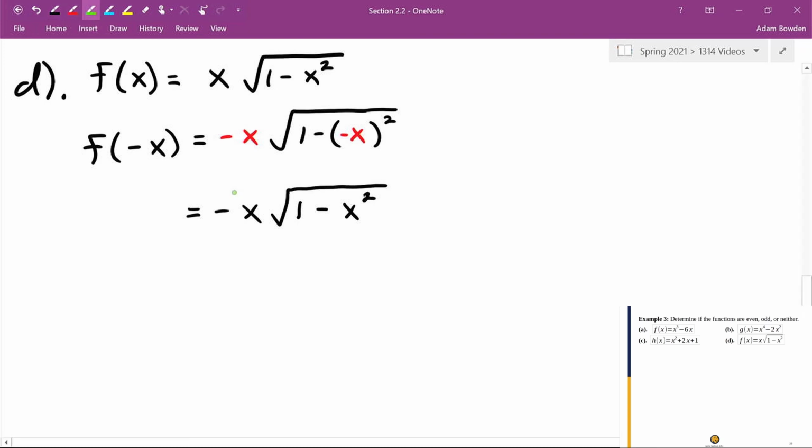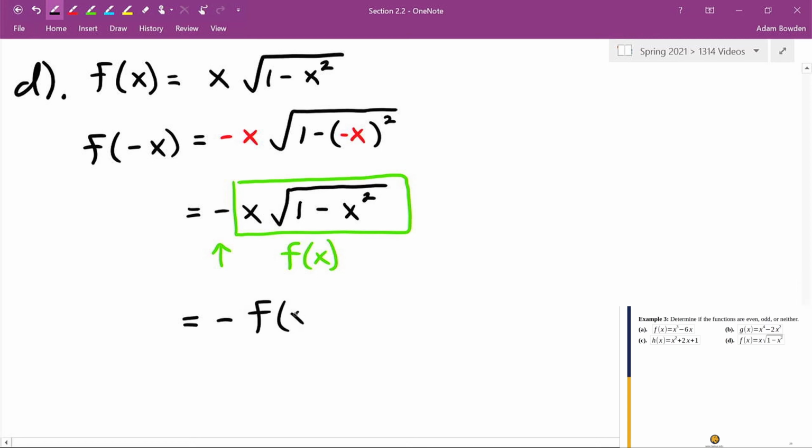Now in this case, the way to tell if it's even, odd, or neither is to look at everything here. Everything here is the same identical function as f of x. The only thing that's different is there's a negative out in front. So another way of looking at this is equal to negative f of x.